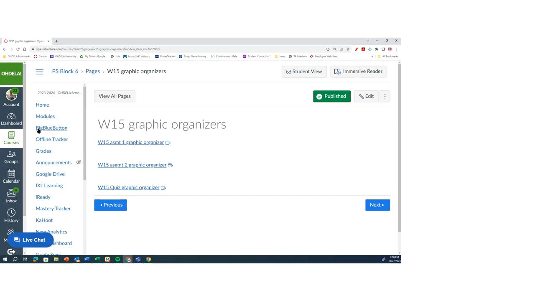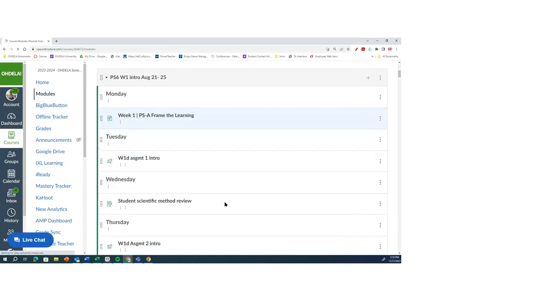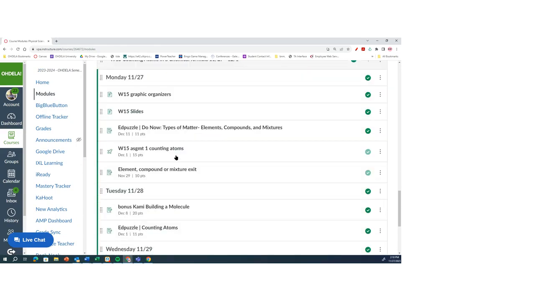All right. If we look at the module here, we have the Edpuzzle. I think I've got this figured out. What types of matter, elements, compounds, and mixtures. So there is a bonus assignment here.